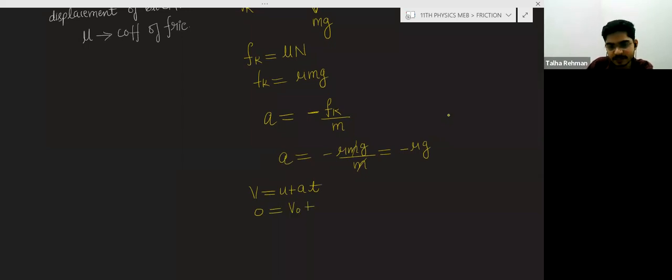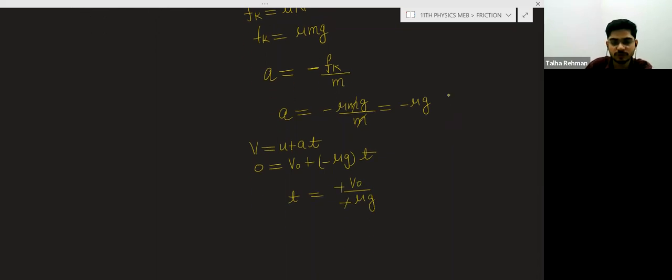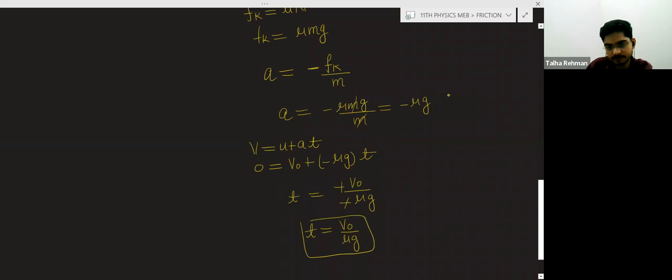Acceleration is minus mu g, and time we want to find. So time will be minus v naught divided by minus mu g, and the minus signs will cancel out. So the time after which the block will stop is v naught divided by mu g, and this will be your answer.